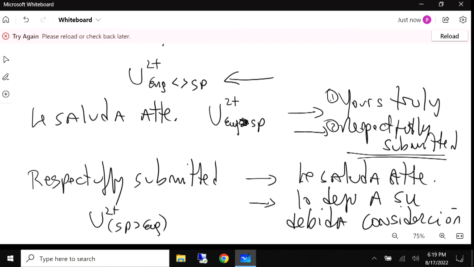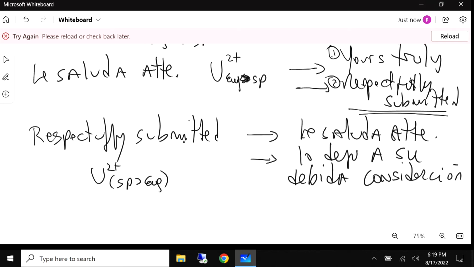So you would say, well, wait a minute. When do I use "le saluda atentamente" for "respectfully submitted"? Well, if it is a letter, a request, you can say "le saluda atentamente" as the ending of a letter. But if it is not a letter, it's a verbal decision, let's say the attorney appears before the judge and says, "Your Honor, based on the circumstances of the case, I submit that the defendant should be released on his own recognizance, respectfully submitted."